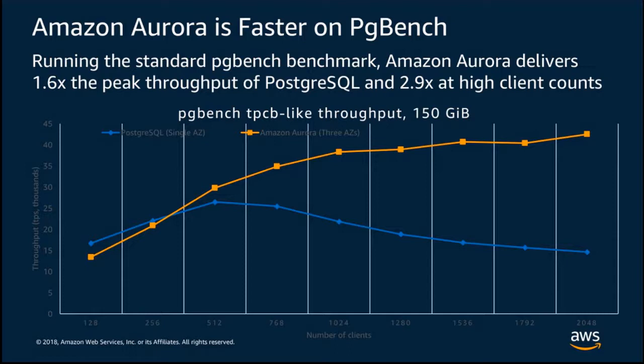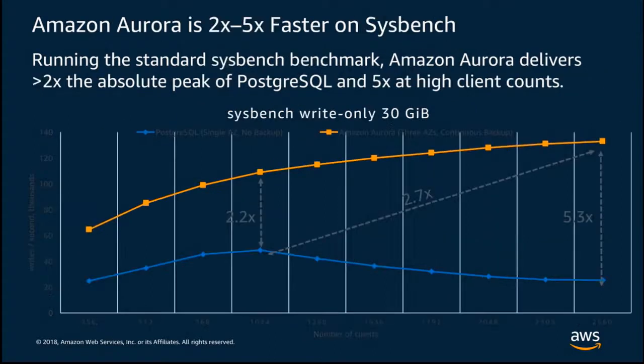You can see on PgBench, as we increase the number of clients, the throughput for Aurora Postgres continues to climb, whereas with standard Postgres, it starts to decline or fall down as we add more clients. And so clearly Aurora Postgres is doing a better job of managing a large number of clients that are trying to do lots of transactions. And the multiplier is roughly 2 to 1 in this slide.